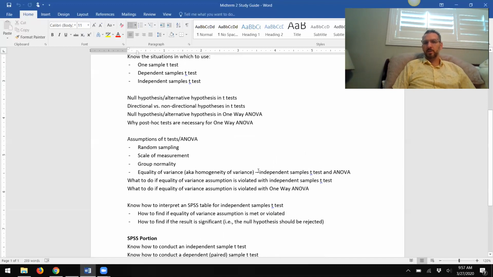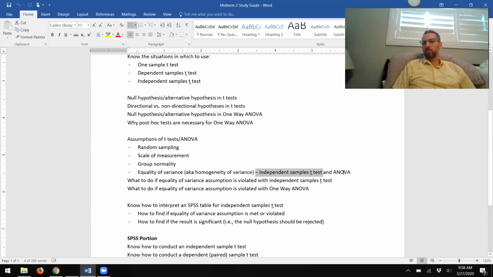In SPSS, it does it automatically for the independent samples t-test, and it's the Levene's test. The Levene's test, you don't want to be significant, because if it's significant, that means there is a lack of equality of variance. There's heterogeneity of variance, and so that's a bad thing. That's a violation of the assumption.